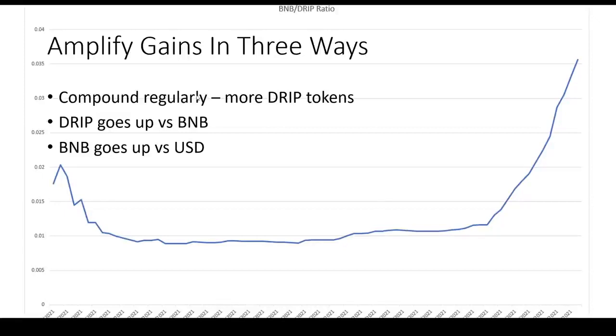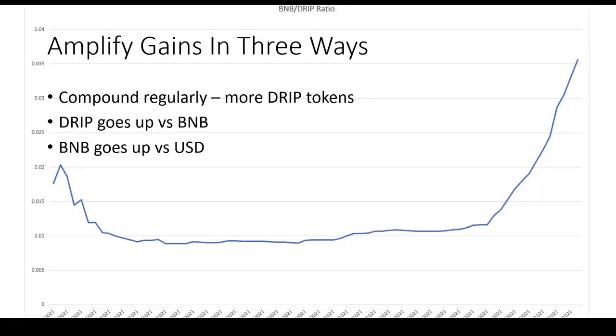But if you compound, you don't have to spend any new money other than the small BNB transaction fee of doing the Hydrate function. Then your deposit grows, right? And you keep putting that 1% back into the deposits, you accumulate more DRIP tokens on deposit. You're not actually getting DRIP tokens, but your deposit number is growing.